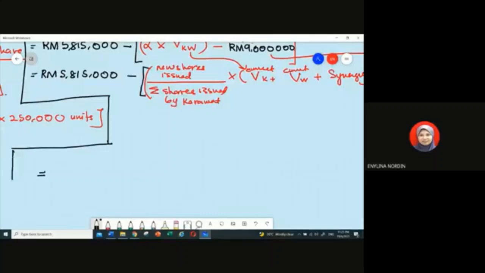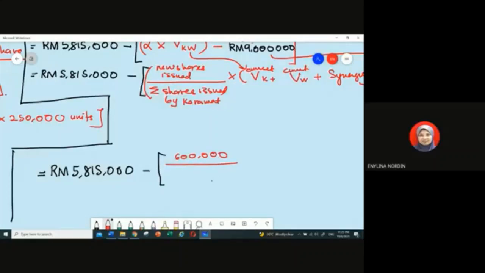Again, RM synergy, 5,815,000 ringgit, and then you minus. So how many shares are issued by Keramat to Wangsa? That is 600,000 shares. Then you divide by the number of shares issued by Keramat after the acquisition.